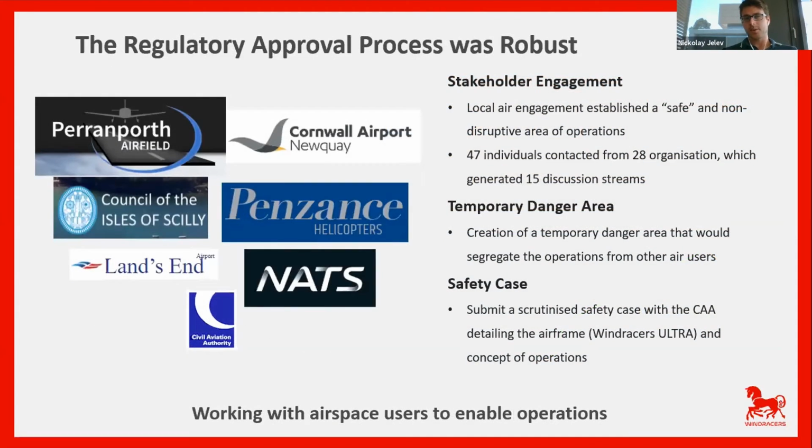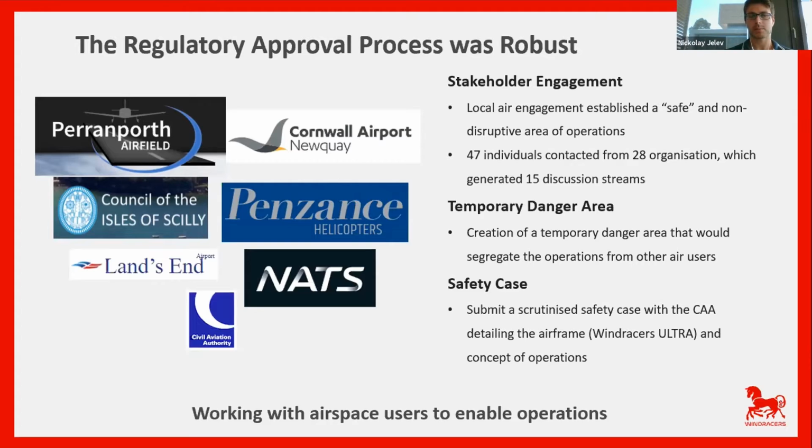So in the UK, to deliver this type of project, for beyond visual line of sight operations, the first thing that you have to do is identify who your stakeholders are within the airspace that you're going to operate in. You saw briefly on the previous slide the length of the operations that we achieved.